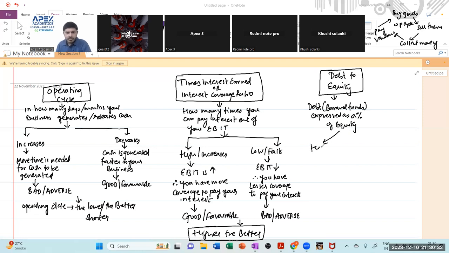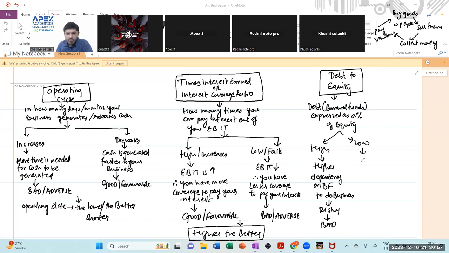So if this ratio is high, it shows you that there is a higher dependency on borrowed funds to do business. This is risky and this is bad.